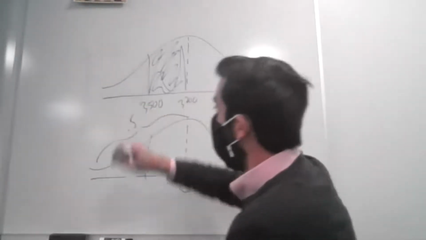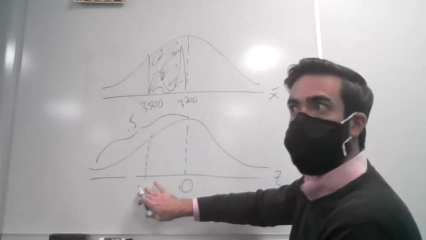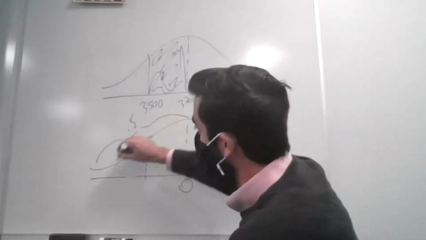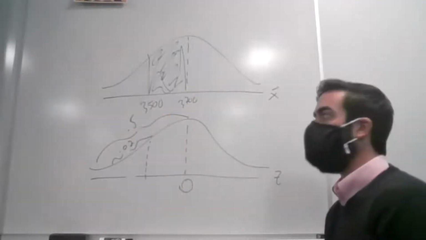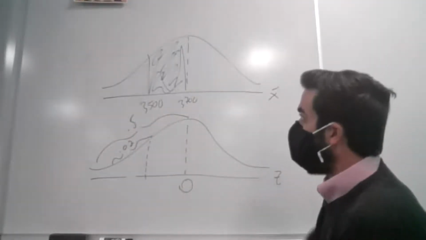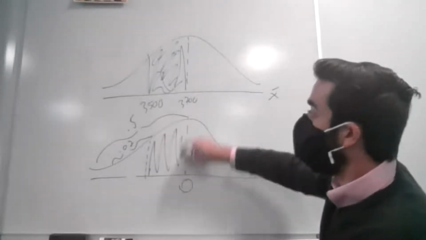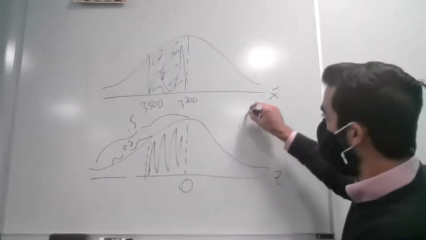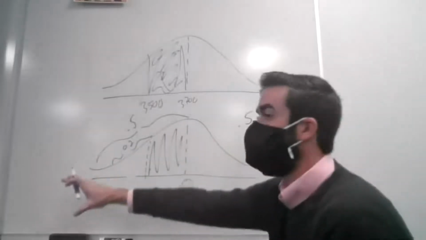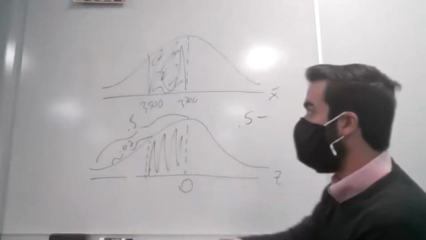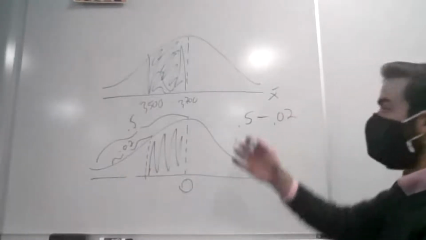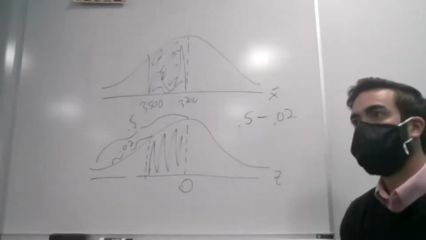I then would turn this into a z-score and look that area up, and that might be something like 0.02. I don't know exactly what it ends up being. But how would I find the probability of being in between those two values? I would take the area to the left of 0, subtract the area to the left of whatever this test statistic ends up being, and that would give me the probability of being in between the two. Okay.